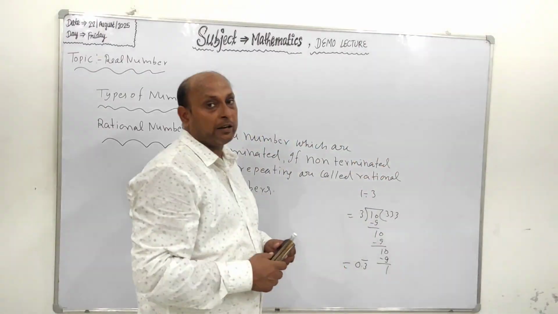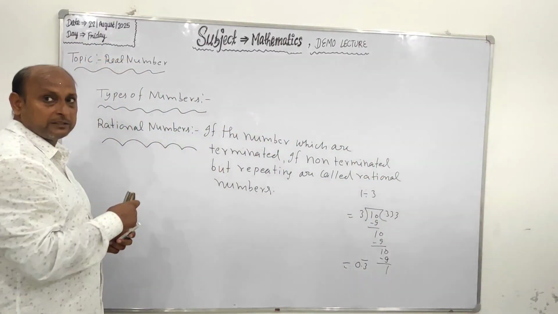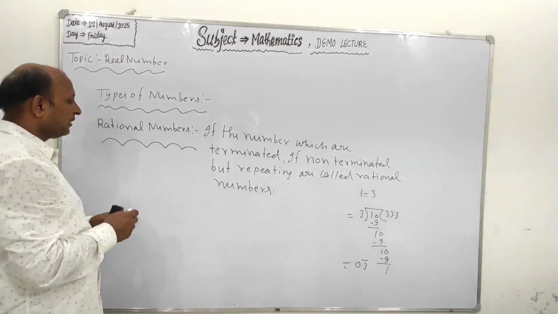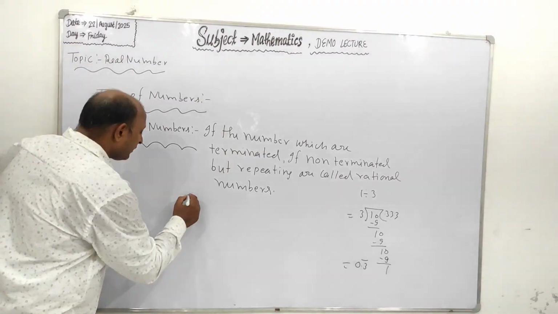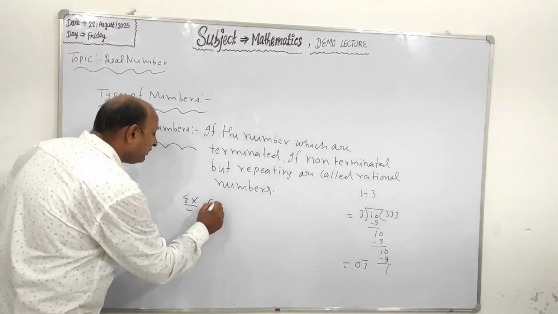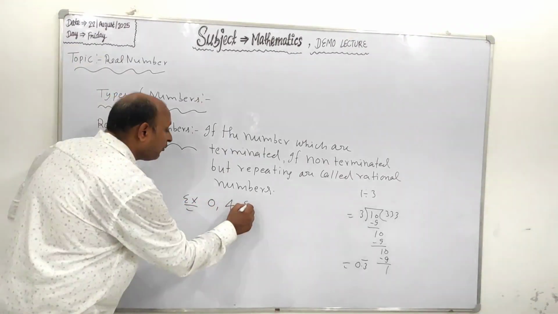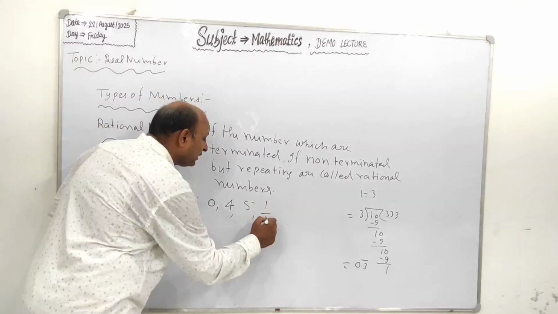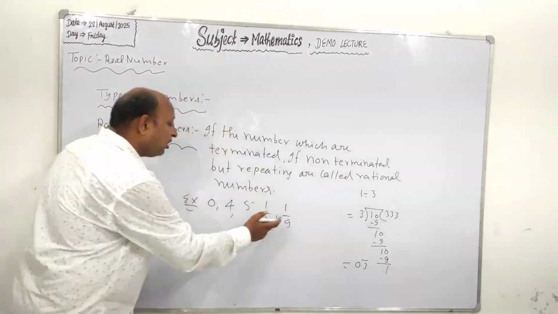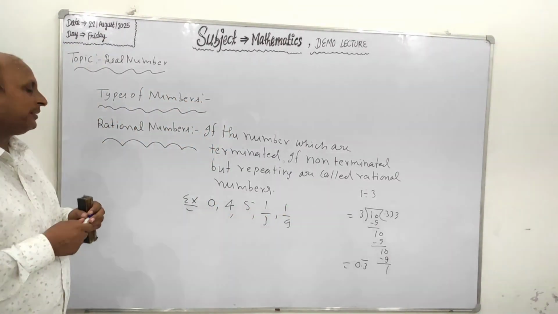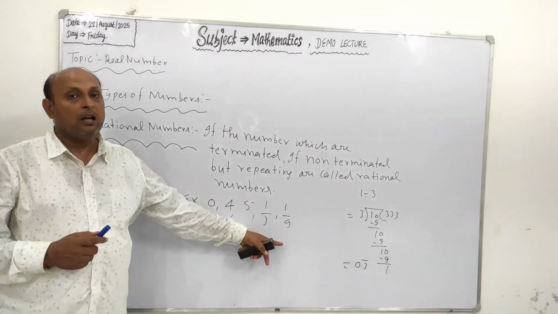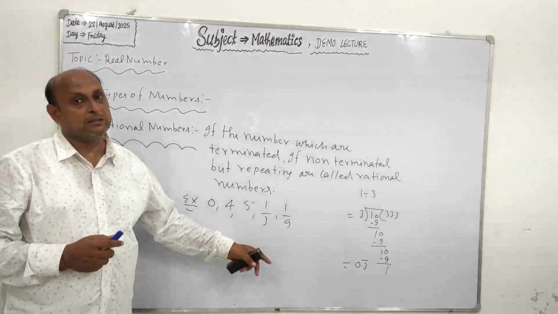Now we start our next part. Some examples: 0, 4, 5, 1/3, 1/9. The set of these numbers we can see are rational numbers.